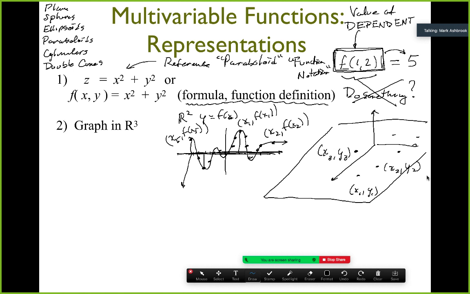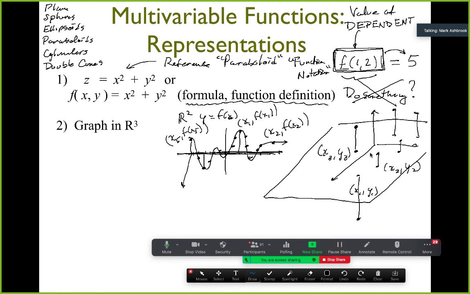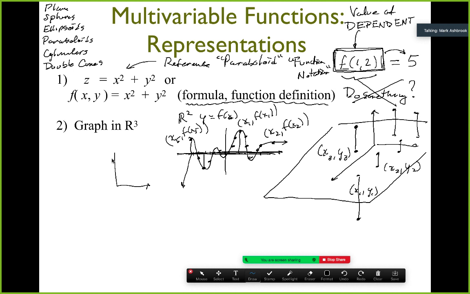Okay? And for each one of those, we get a value of the function according to the rule, and that value then is a height right above or below the ordered pair that generated that function value. So this is why, when we first introduced the R3 coordinate system, maybe we thought it should have been like this: x, y, and then let's throw z this way.